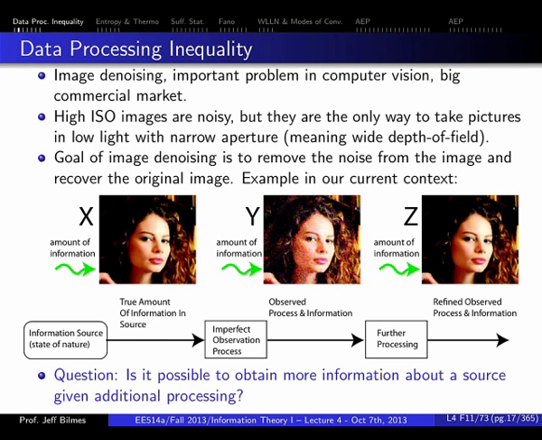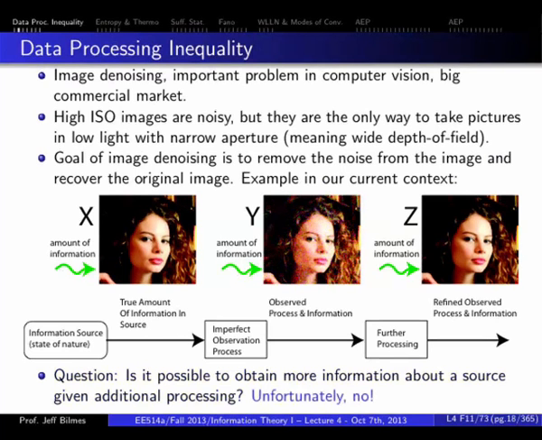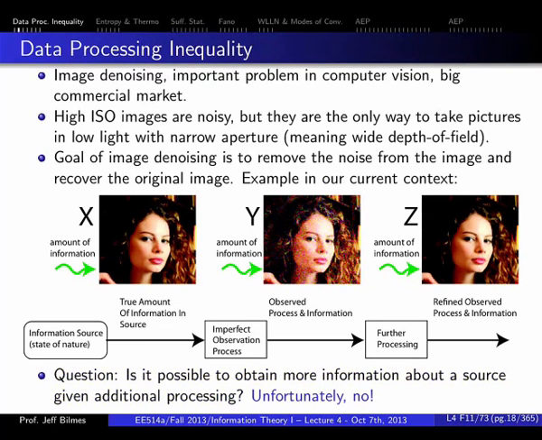So we can eliminate semantics and be very, very precise about what we mean by information in this class and answer that question then. What do you think? You probably shouldn't be able to. So that's what essentially the data processing inequality says.